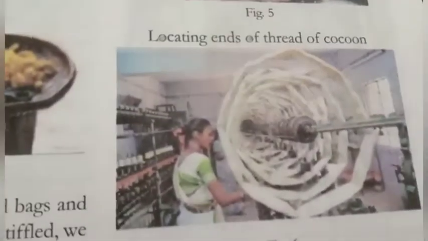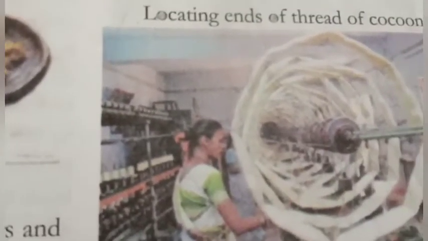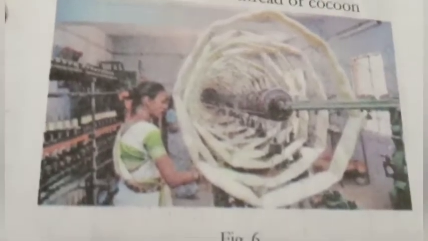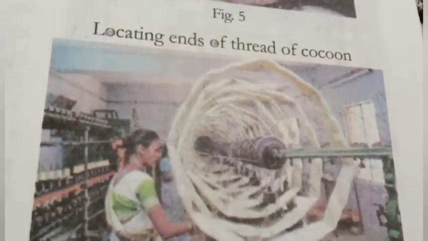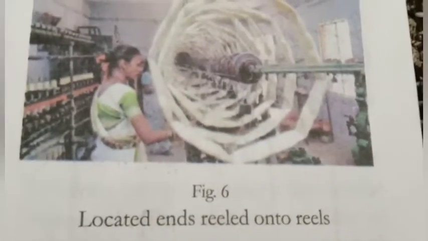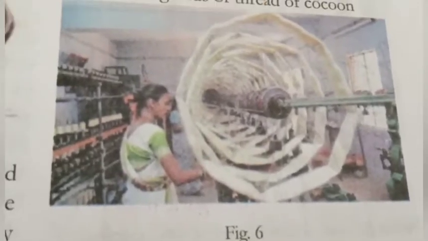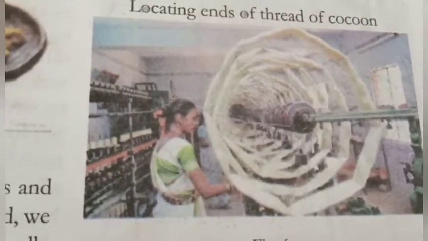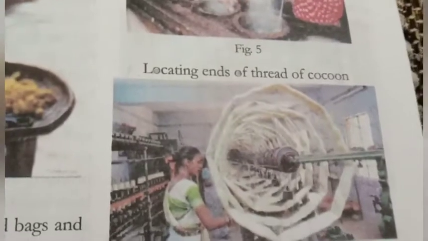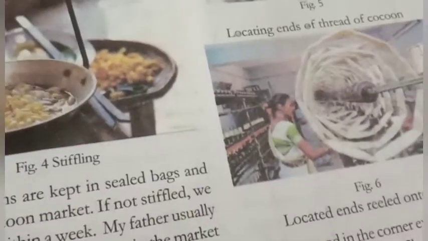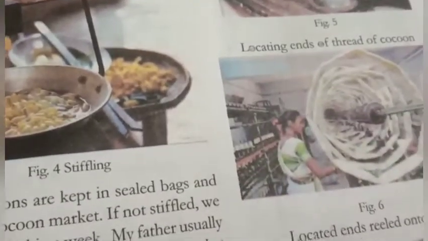And here, this is locating the ends of threads. And they started to reel onto the reels. These are the three processes you have learned today: locating the ends of thread of the cocoon.